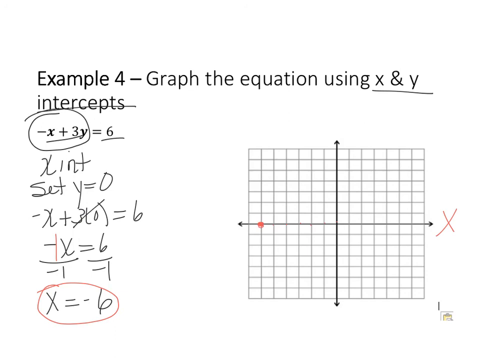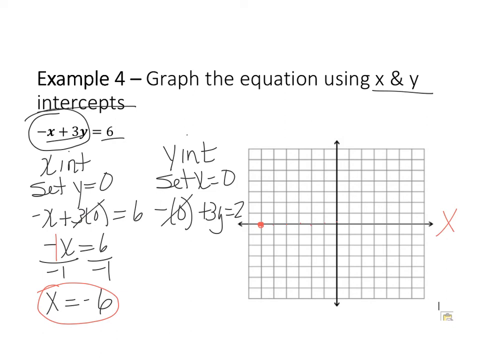Now I'm going to go ahead and find my y-intercept. To find my y-intercept, I set my x equal to 0 because the ordered pair for a y-intercept has an x-coordinate of 0. So I substitute in 0 for x in the equation. And then I have just 3y. Oops, I'm sorry, that is a 6. 3y equals 6.